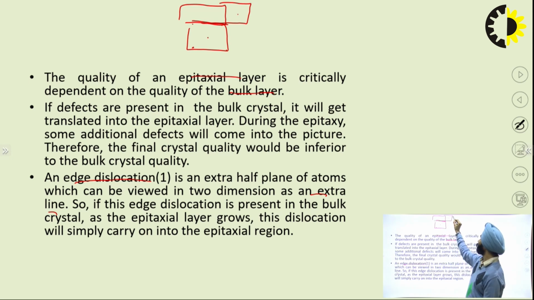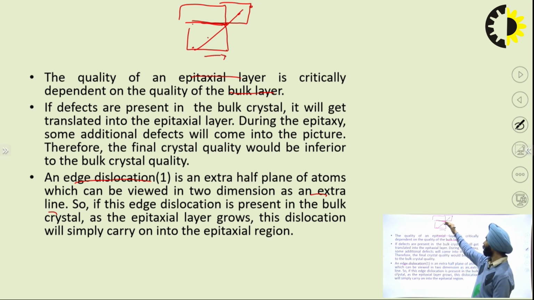So these atoms will make an extra half of the lattice, half of the plane of the atoms, away from the main layer, the substrate layer.